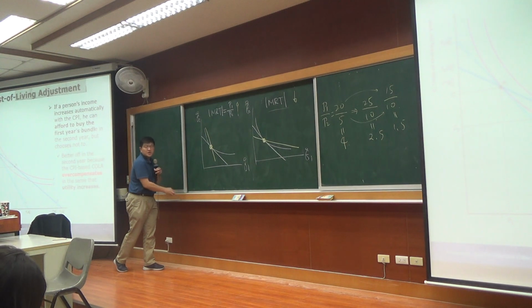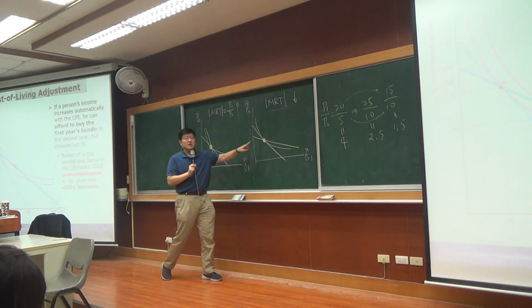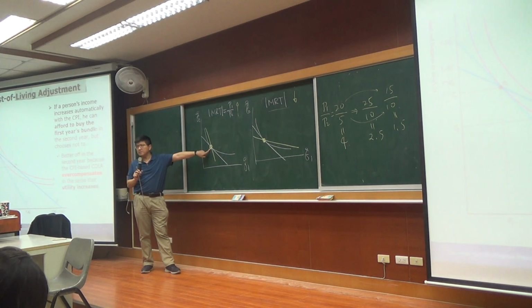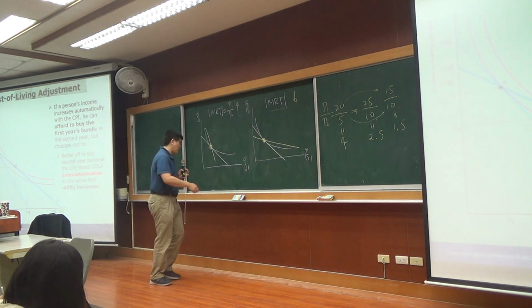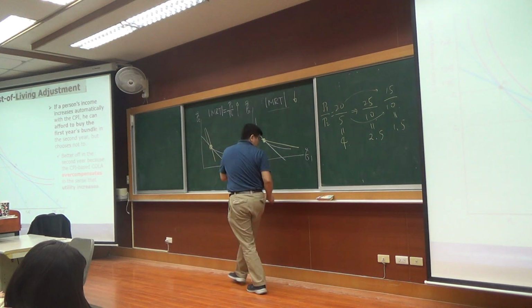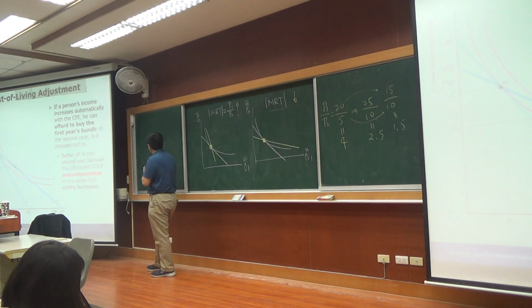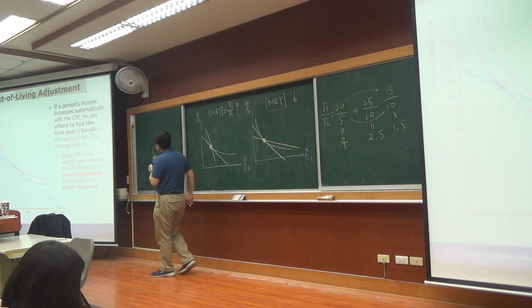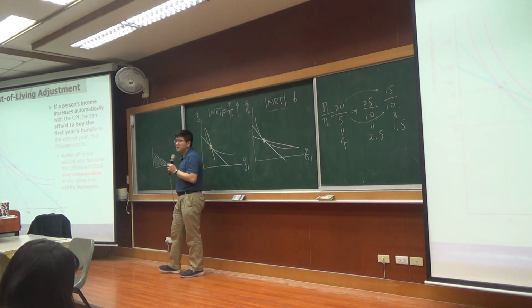The reason why the new budget line has to pass through the initial consumption bundle is because we require this adjustment to make the consumer afford to buy the original bundle. So what does it mean by a budget line so that one may afford? For each budget line, all bundles within the triangle area mean we can afford that bundle, right?